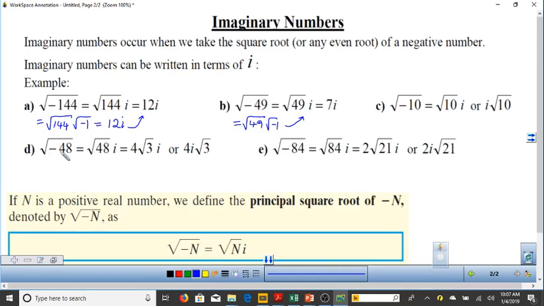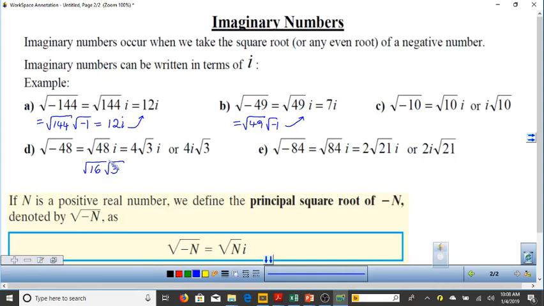Now, with this example, example D, we see that the square root of -48 is the square root of 48 times i. Well, 48 itself is made up of a perfect square, which is 16, multiplied by a number that cannot be broken down any simpler into perfect squares. 16 times 3 is 48, and the square root of 16 is 4.